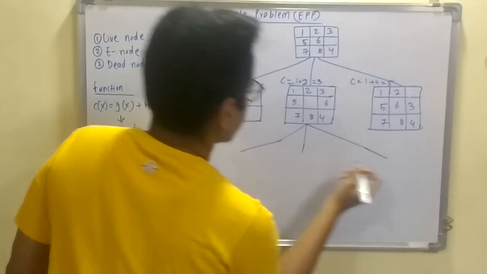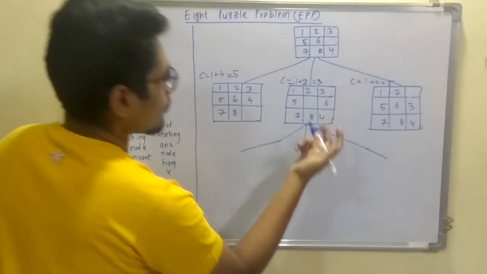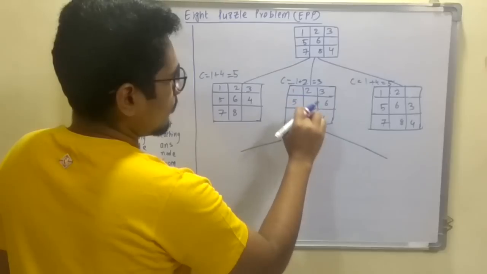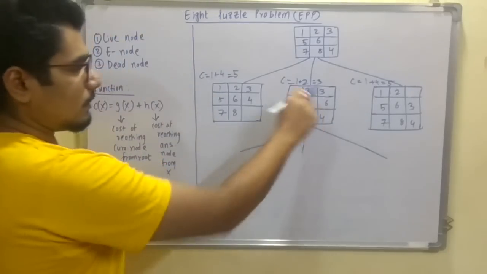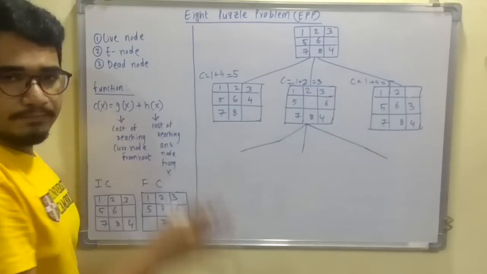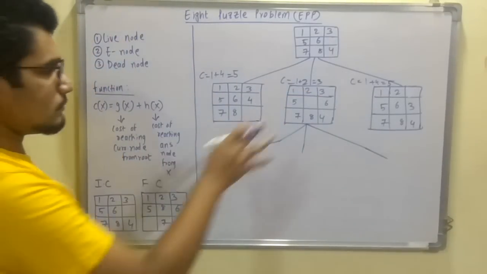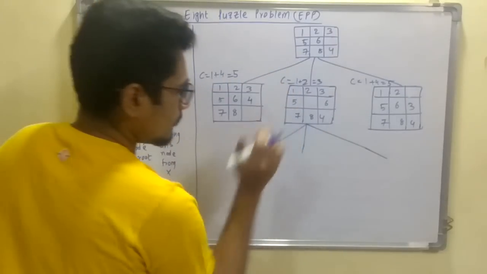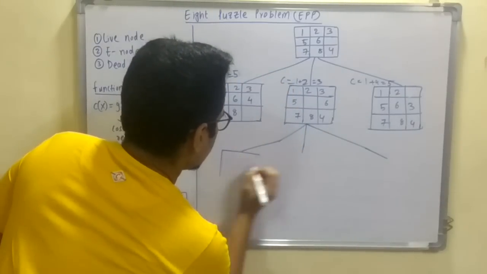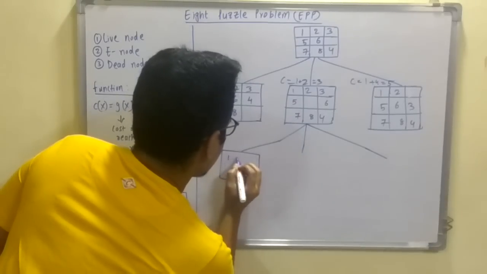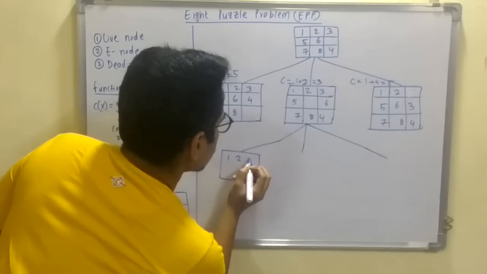So the very first possibility, now we'll be moving 2, 5 and this 8 here and not 6. Why? Because we have achieved that 6 as our final configuration, so we'll not be doing anything to this 6. So then we have 1, 2 and 3.